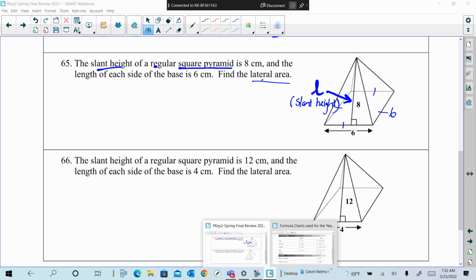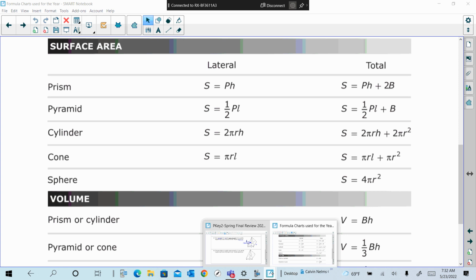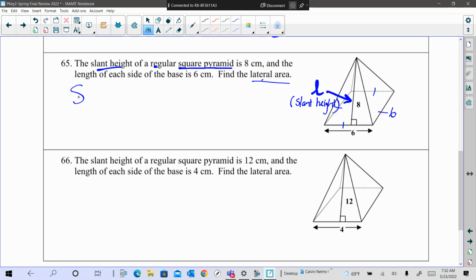If you don't know the formula, you go to your formula chart. Pyramid has a lateral area formula of S equals 1/2 PL. So we're going to put S equals 1/2 capital P L. Well, the capital P stands for the perimeter of the base. That is 24. And the L is your slant height.